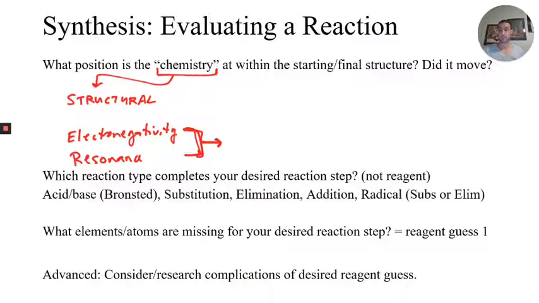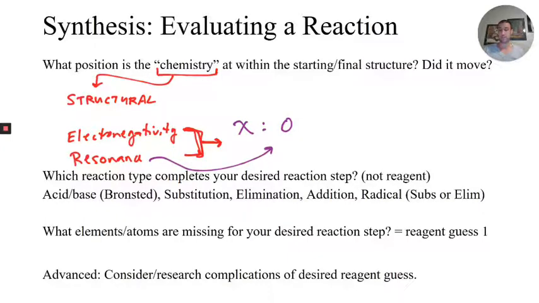So what you should be doing is look at the structure and identify highly electronegative elements. And remember what we said, chi. If we find a very electronegative element, say like an oxygen, we now know that it's going to start to move electrons towards it. Can it move those electrons via resonance?